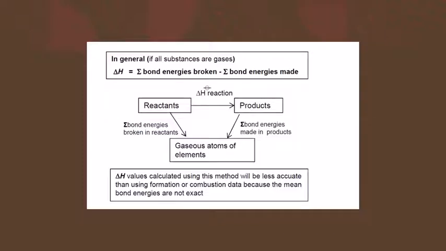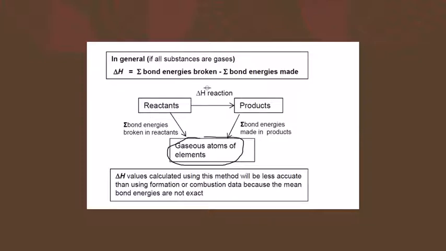So how can we work out the enthalpy change for a reaction using bond energies? In the question you will have reactants and products. If the bond energies are given, you will add the gaseous atoms.